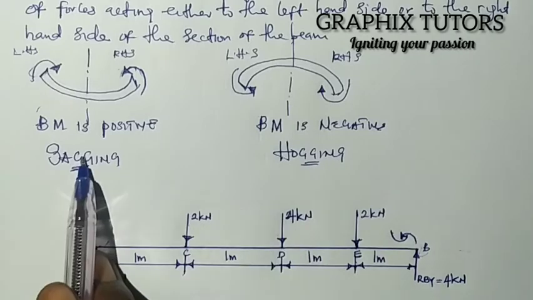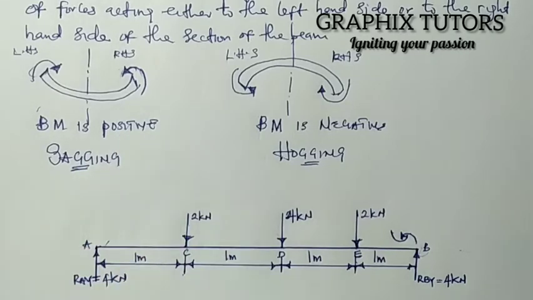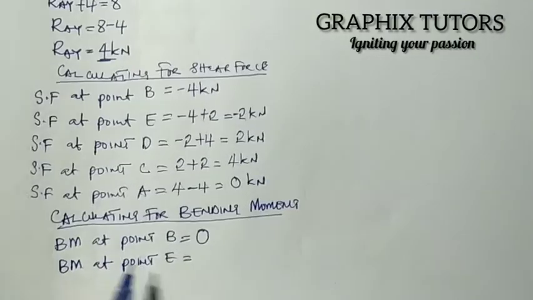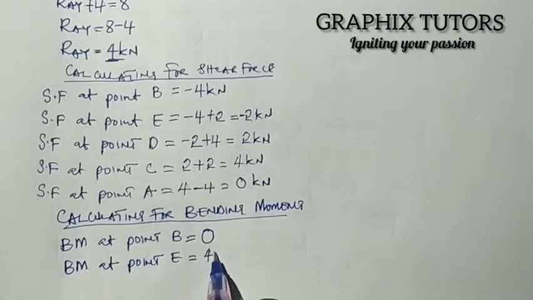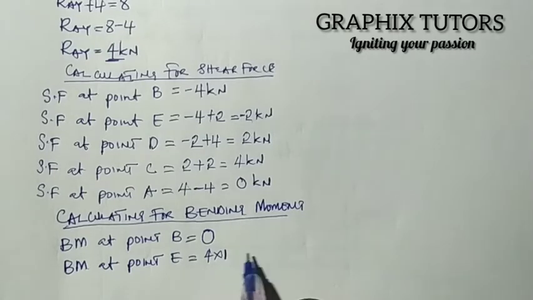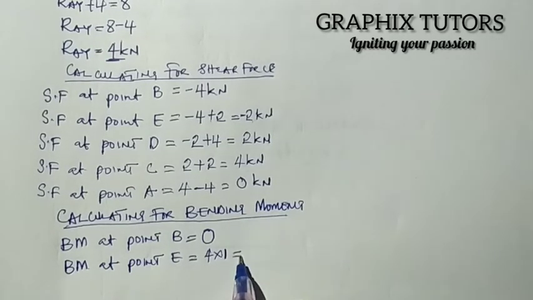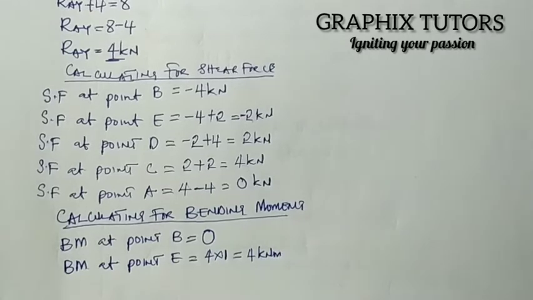And that is sagging, so the bending moment is positive, so we'll be having 4 times 1, so our answer will be 4 kilonewton meter.